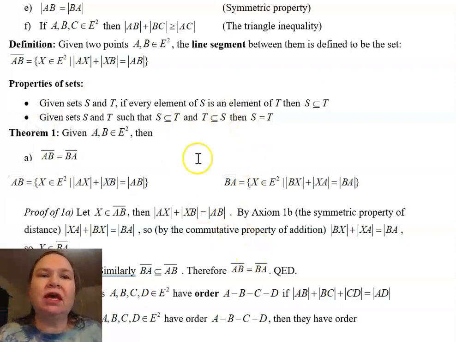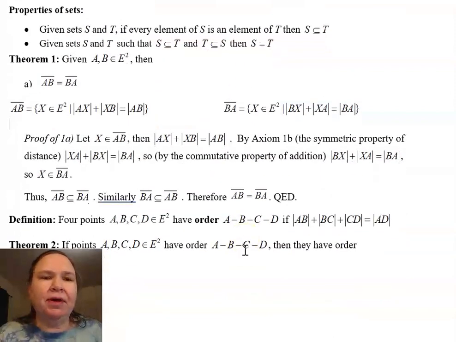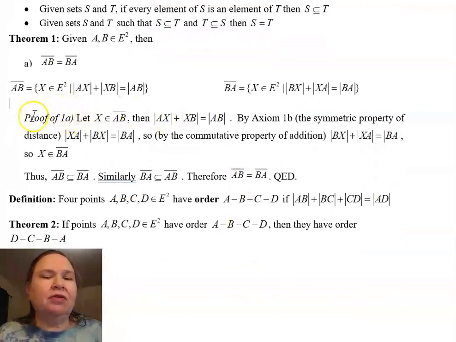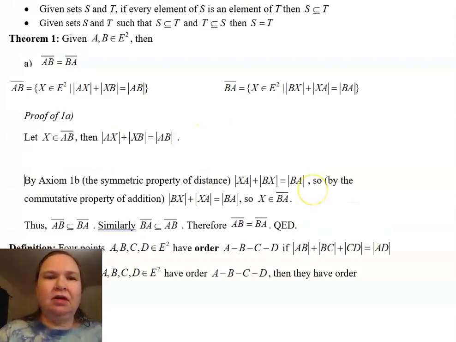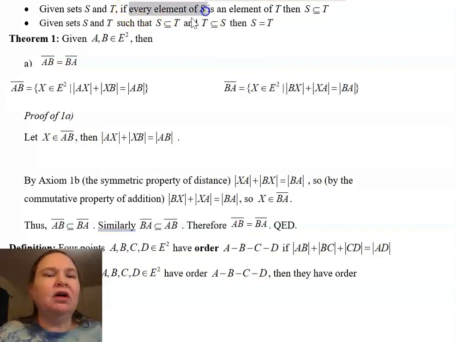So subset can include being equal. All right, let's unpack this definition. To do this proof, we start off, it says let X be an element of the segment AB. So what that's doing is the every-element-of-one-of-the-sets part.